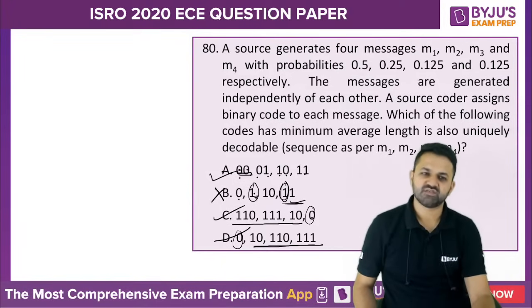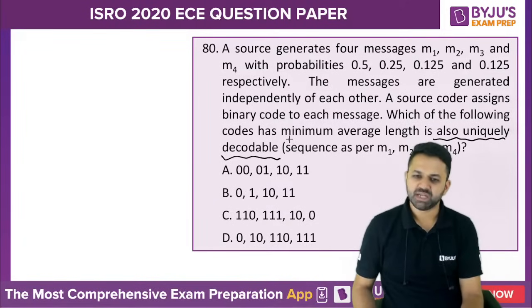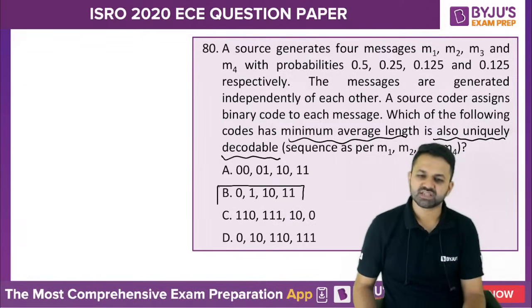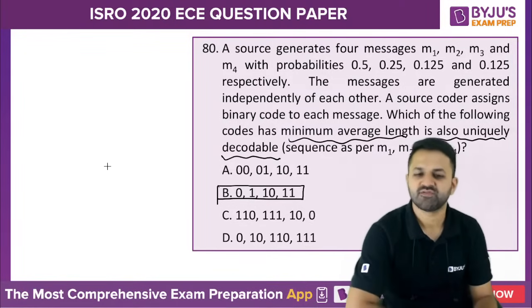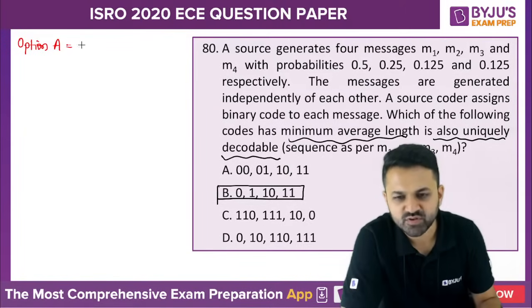So our condition was that it should be uniquely decodable. Minimum average length which is uniquely decodable. So option B is not uniquely decodable, so we will not calculate the average code word length for option B. For option A, option C and option D we can calculate. So I will give you the formula to calculate the minimum average code word length.